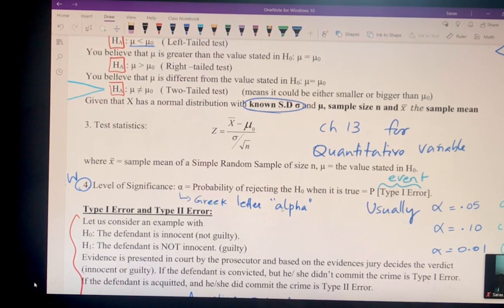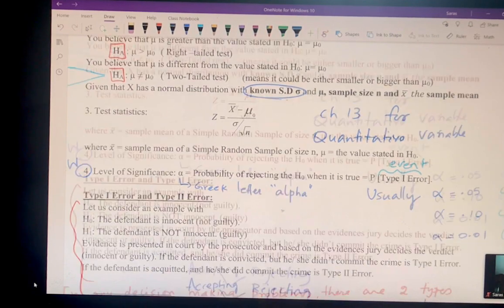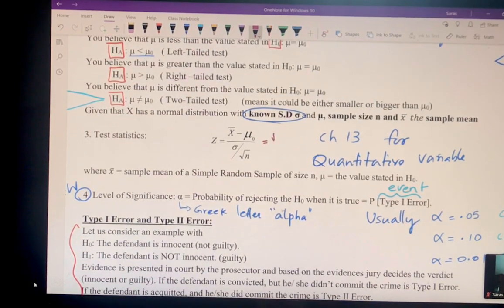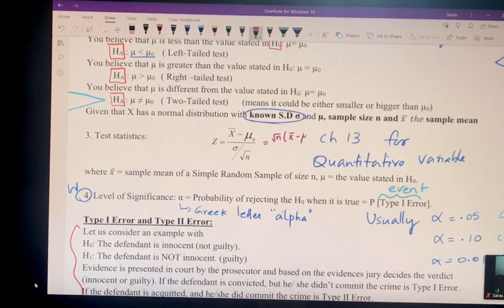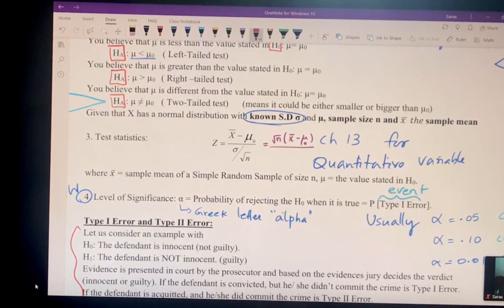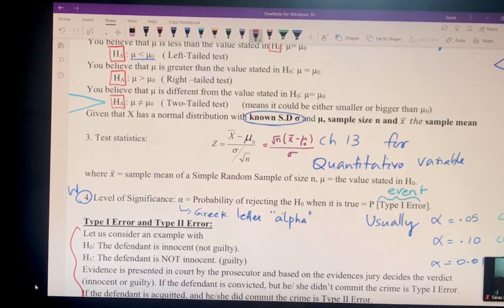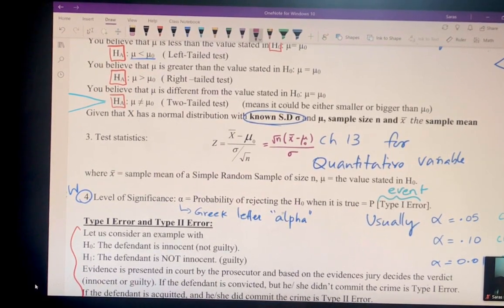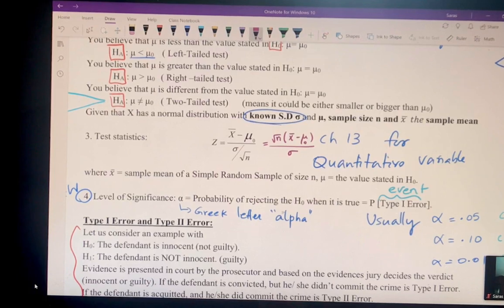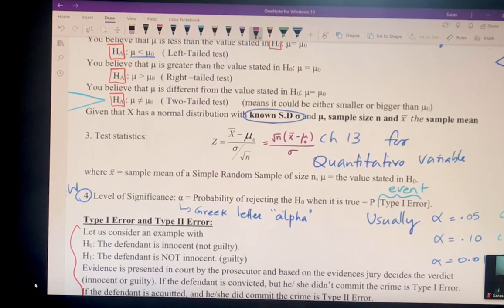Or this can also be written as square root of n times x bar minus mu sub 0 over sigma. So this is the formula. I'm just flipping, or square root of n in the denominator goes to the numerator, but don't forget to put the parenthesis, otherwise your syntax will be wrong.